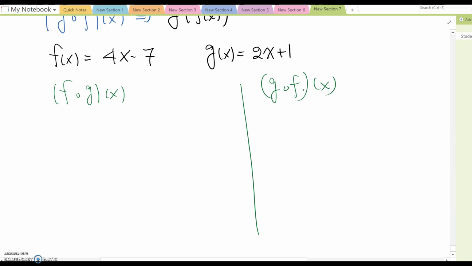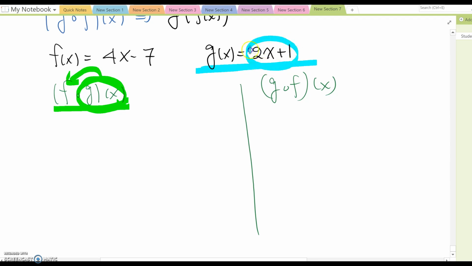Let me ask you again, what does this mean? Yes, we are plugging g(x) into f(x) here. So now what is g(x)? That's g(x) here, so you are plugging this into here. That's what this composition function means.